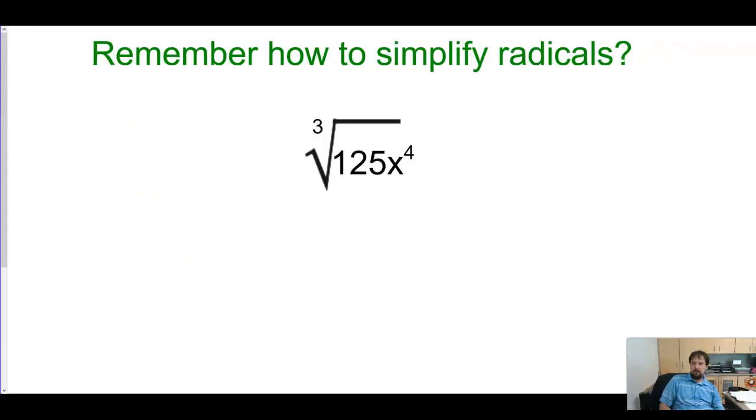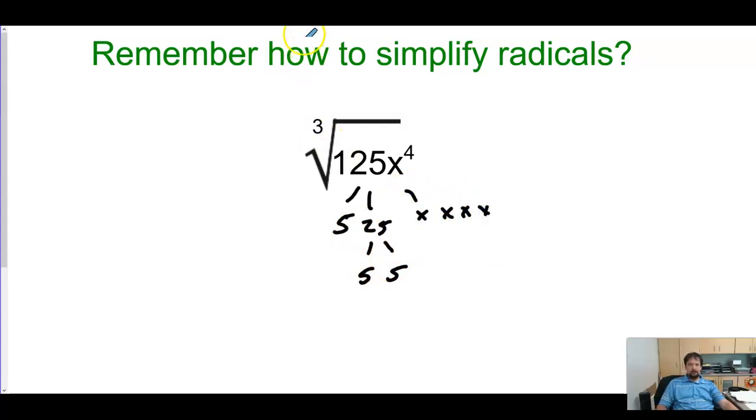We also need to remember how to simplify radicals. Here we have a cube root, which means we're looking for things in groups of 3. 125 breaks down to 5 times 25. 5 is prime. 25 breaks down to 5 and 5. And then over here we have our 4 x's. Now we find our groups of 3, which here is a group of 3.